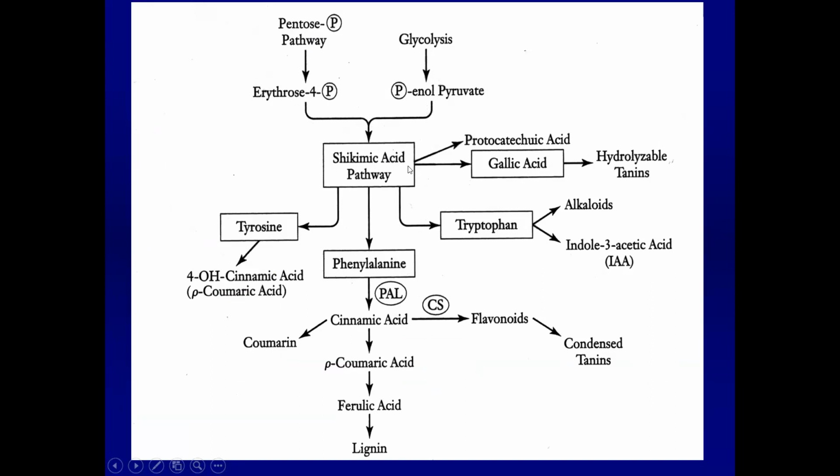And from shikimic acid, all the different kinds of secondary metabolites, mainly flavonoids, can be biosynthesized. From shikimic acid, phenylalanine can be produced, and then phenylalanine lyase can be involved in the synthesis of flavonoids, lignins, and many other compounds, coumarins.